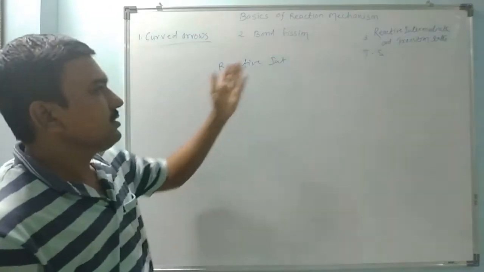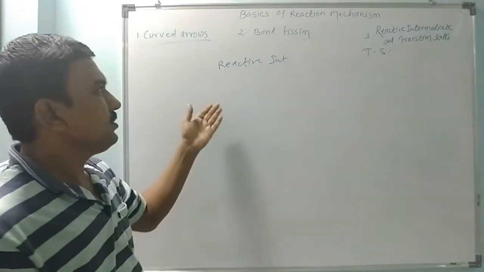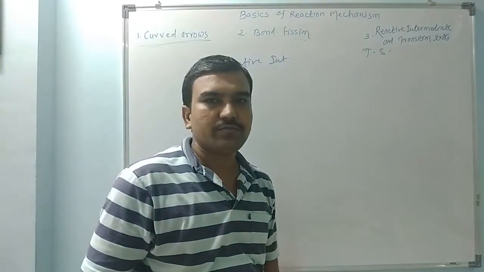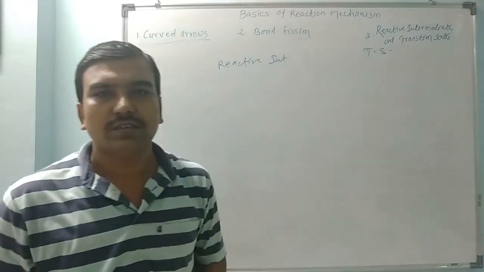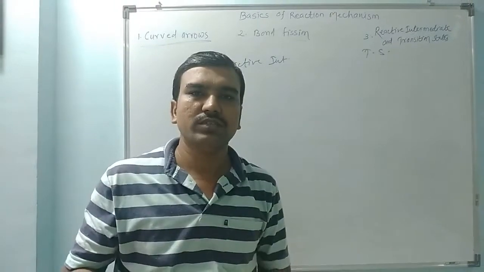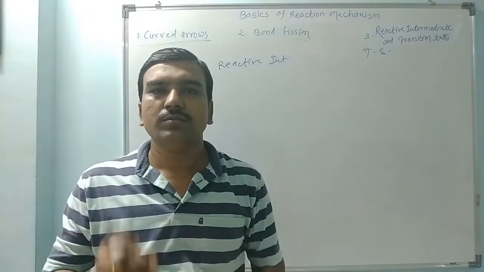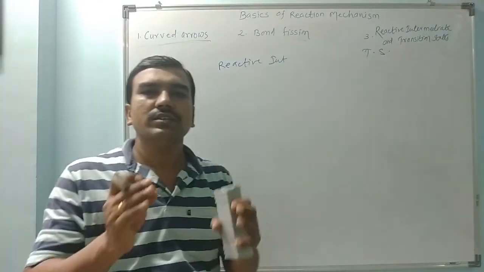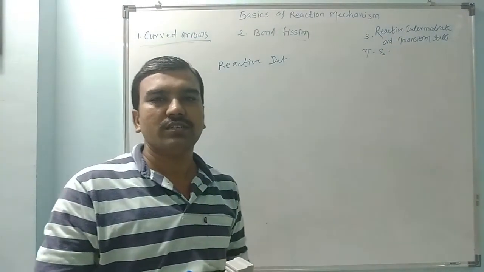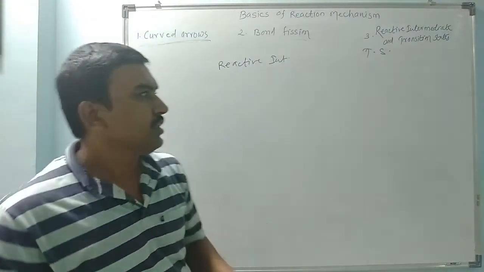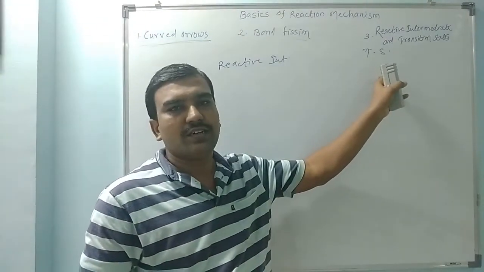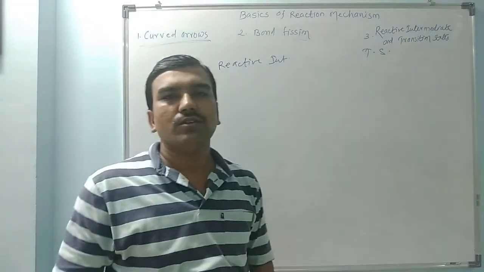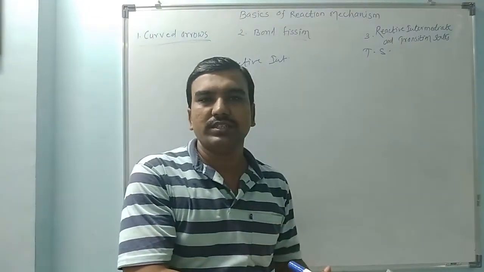Here we have to see some features of reactive intermediates and some characteristics of transition state. Reactive intermediates are species generated during the progress of reaction, but these are short-lived species. These species have definite molecular structure, definite shape and geometry. But the transition state does not have molecular structure or show any specific shape and geometry.